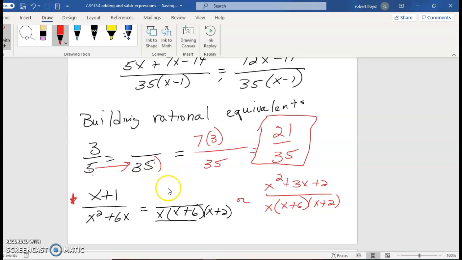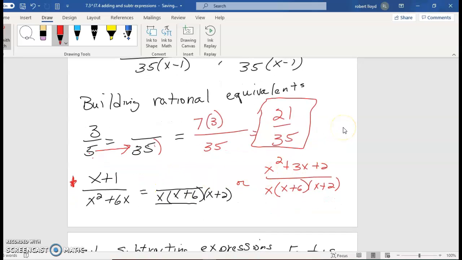And the last one here, they give you x plus 1 over x squared plus 6x, and they want you to find the equivalent to this denominator. So if we always start with the factoring, we can take an x out of these. Then we see that this compared to this means that we have an x plus 2 here that we've multiplied this by.